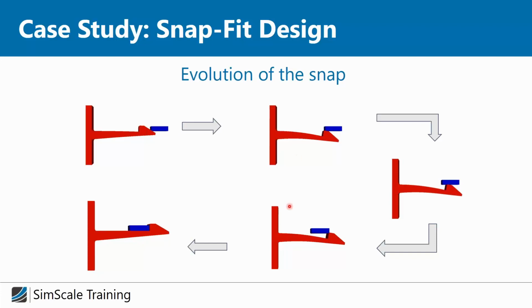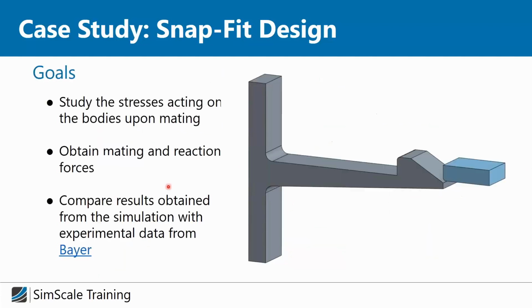Now when you want to design such a snap fit, a lot of times it's not only about the functionality but also about the design, and you want a nice looking snap fit which matches your overall product design and is also robust enough.